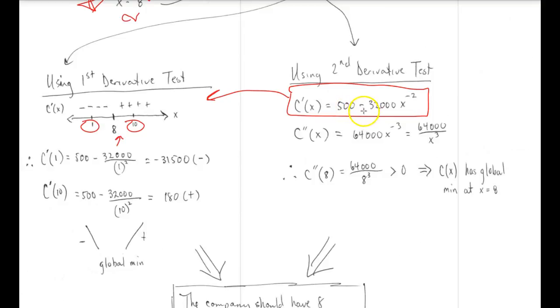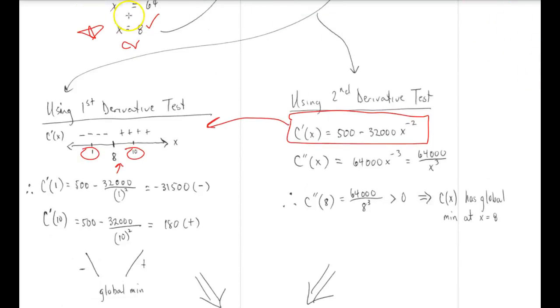Okay. For the second derivative, how you would do it is you would still find out what the critical value would be for the first derivative, which is what we found up here, x equals 8. But here for the second derivative test, we would take the derivative of the first derivative to get the second derivative, and then plug in that particular critical value.